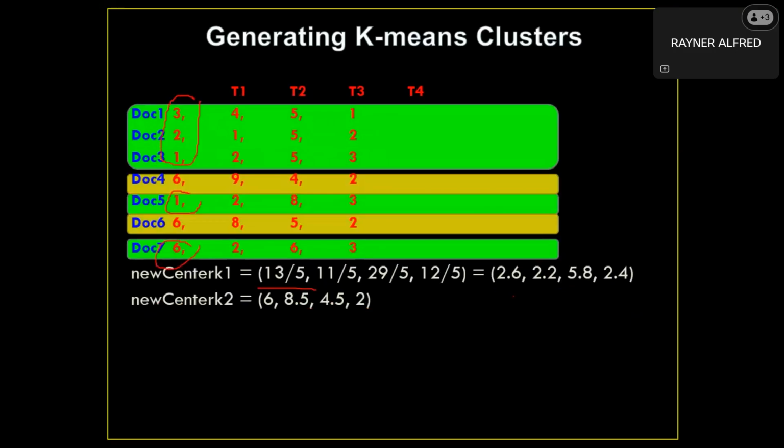Then you get this one. Similarly for cluster 2, we just take the average of these two: 6, then 8.5, then 4.5, and 2. So this new center K1 and new center K2, we use this to proceed with the next round, the second round.